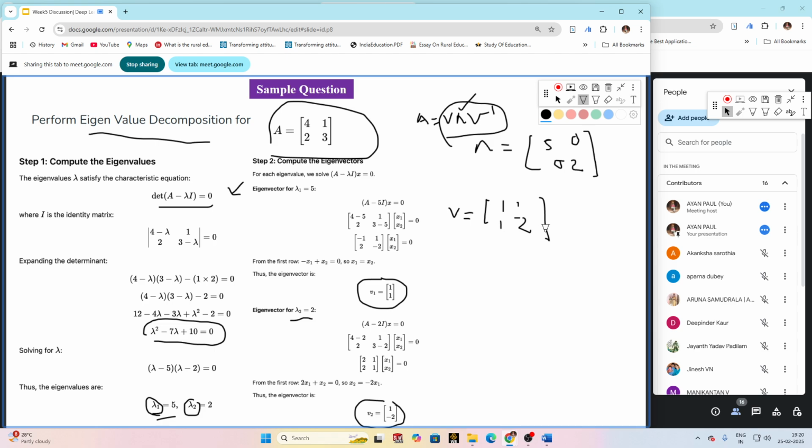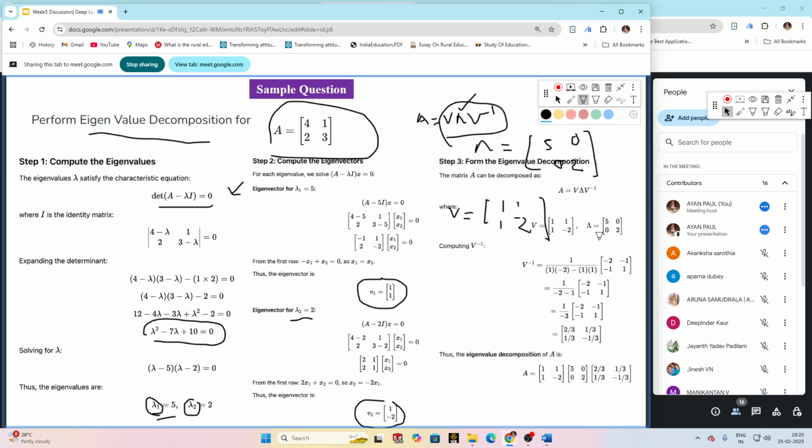The inverse is very easy, because it is a two-dimensional matrix. We just have to do the cofactor, and then divide it by the determinant, and you will get the inverse. I hope you all know what a cofactor is. For a 2 cross 2 matrix, the cofactor takes the diagonal value, that is minus 2, and you multiply by minus 1 to the power i plus j, where i plus j is the index of the element.